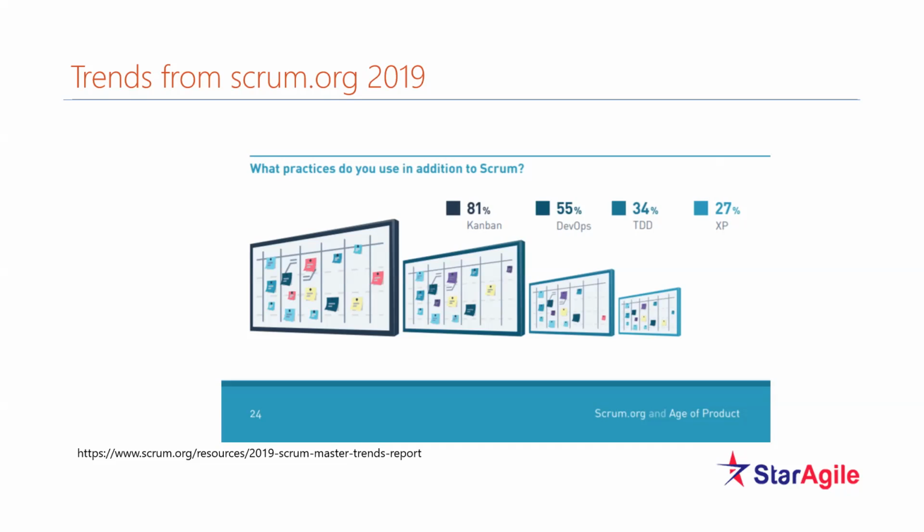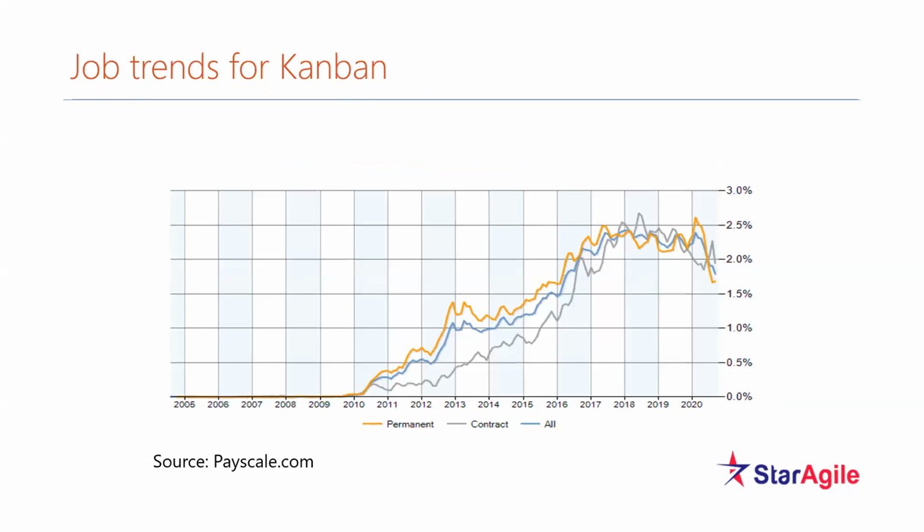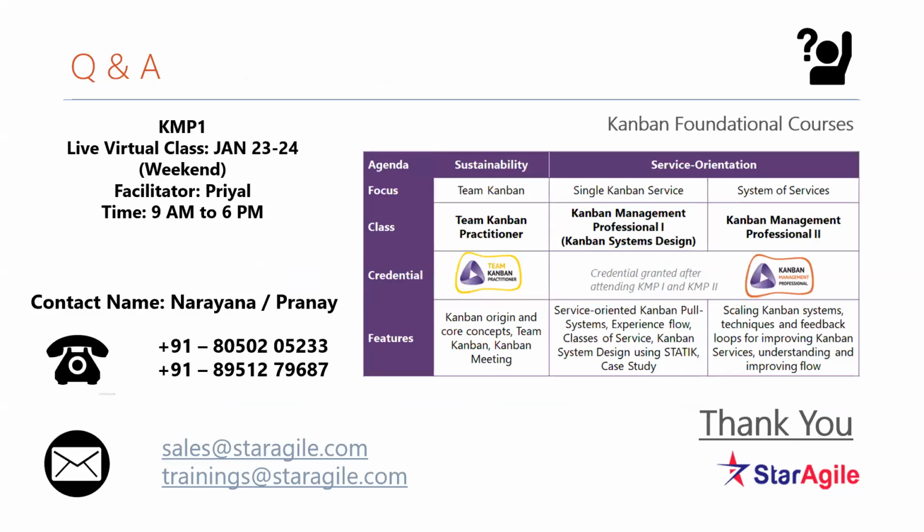So 81% of teams are already using Kanban, which is one of the trends we are seeing. The job trend is also growing up and up, and this is from payscale.com.